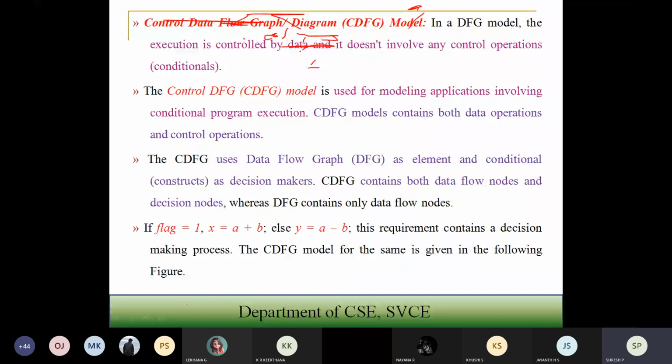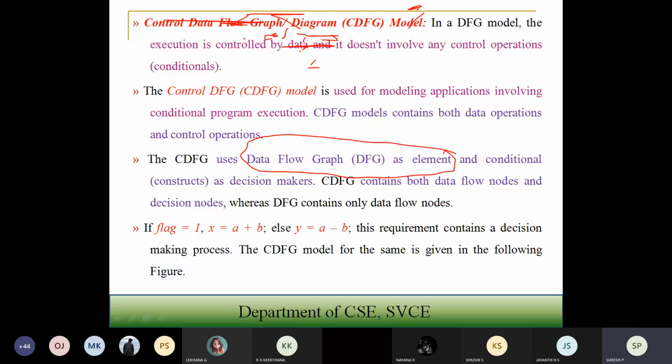Now in your CDFG, that is, in your control data flow graph model, it contains both your data operations and your control operations. Since it contains both data operations as well as control operations, it is going to make use of the data flow graph as one of the elements, which we have discussed previously.